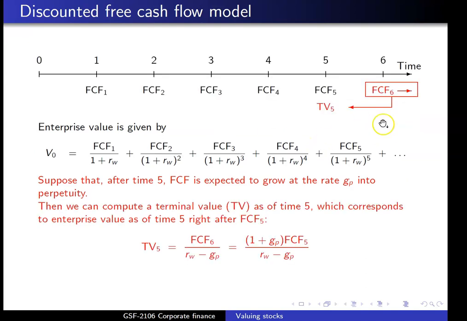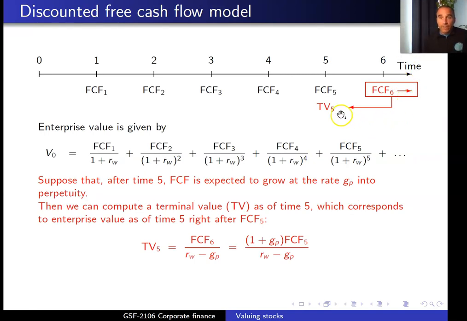So taking all the free cash flows from time 6 and after gives us something we call the terminal value. So the terminal value is the value of the firm as of time 5 if the firm were to be sold at that time.